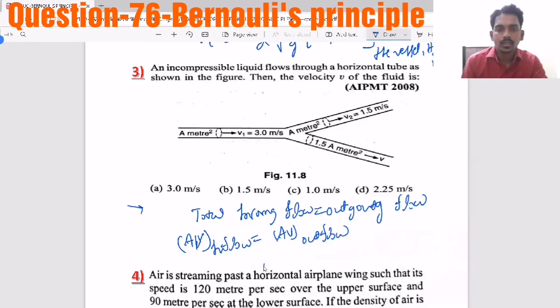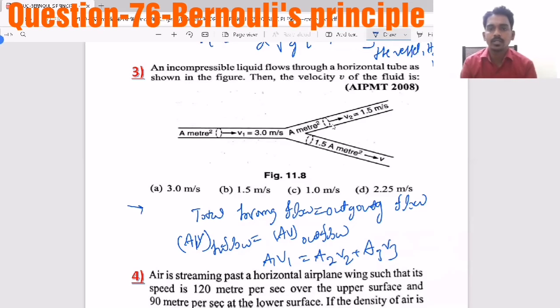So what I can write is A1 V1 incoming should be equal to A2 V2 plus A3 V3, like A1 is A, V1 is 3. A2 is A, V2 is 1.5. A3 is 1.5A and V3 we have to find. Just substitute the values.